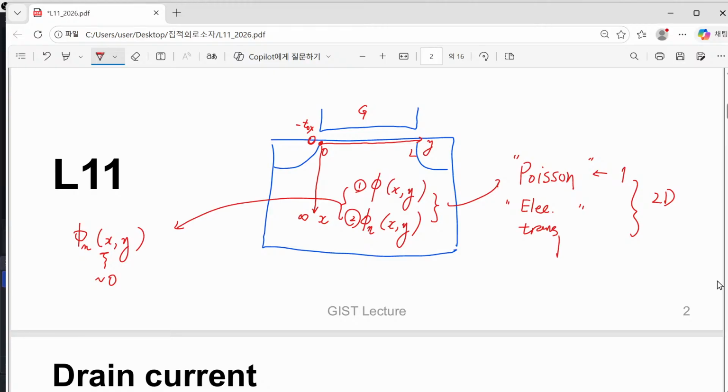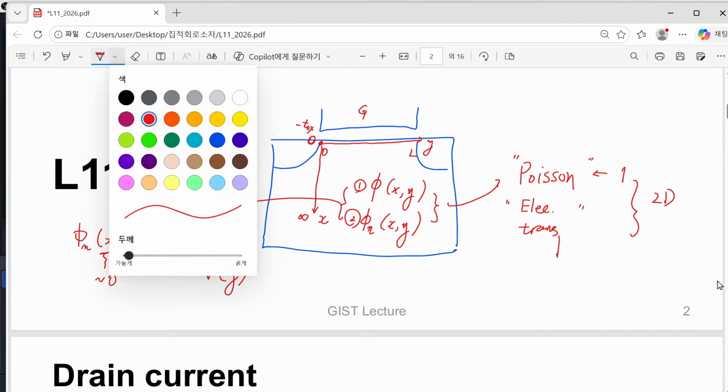So instead of considering phi n as a function of two-dimensional space, we just introduce a single-variable quantity, V of y, dependent only on channel position.